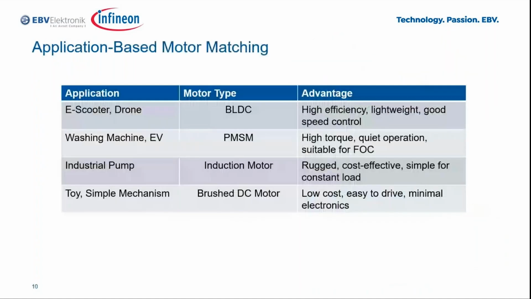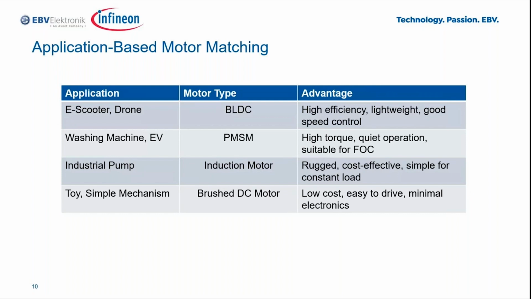And in this table, we can see the application areas of these motors and the advantages of these motors in these areas. For BLDC, we can think about where it is suitable; speed control and efficiency come to the front.